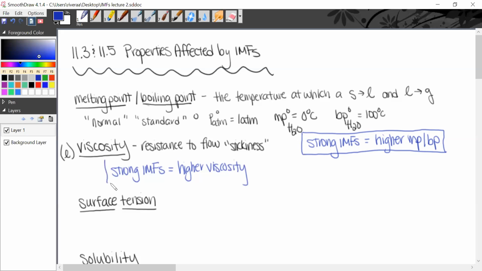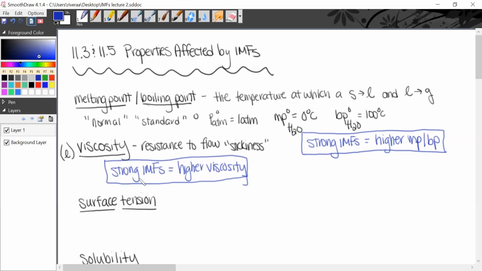The reason why honey is so sticky and caramel is so sticky and really viscous is because those sugars are big, long carbon chains, lots of surface area, lots of dispersion forces, strong IMFs, highly viscous.